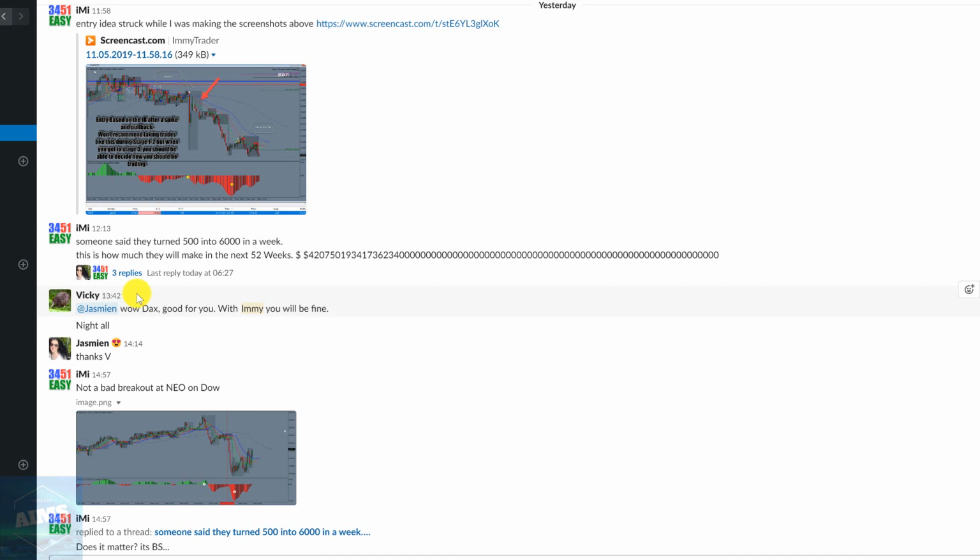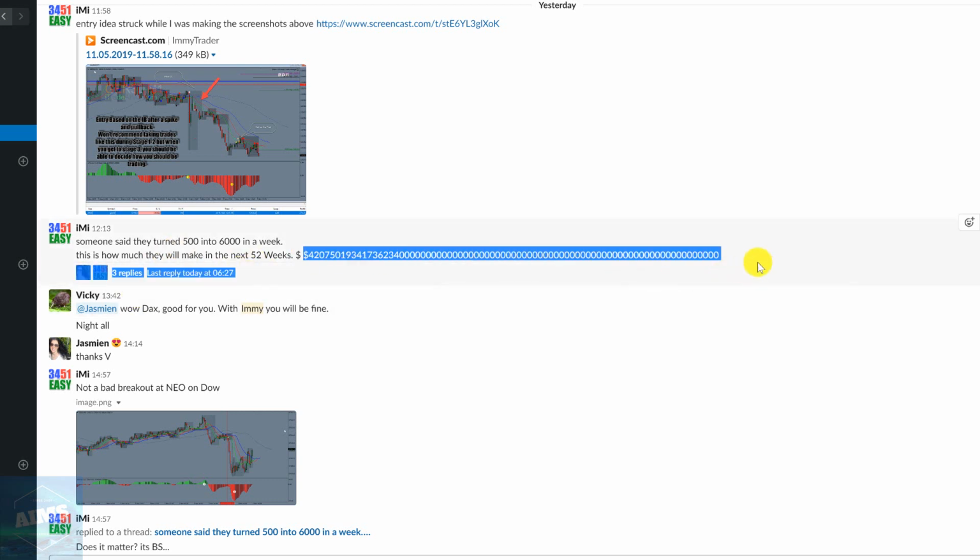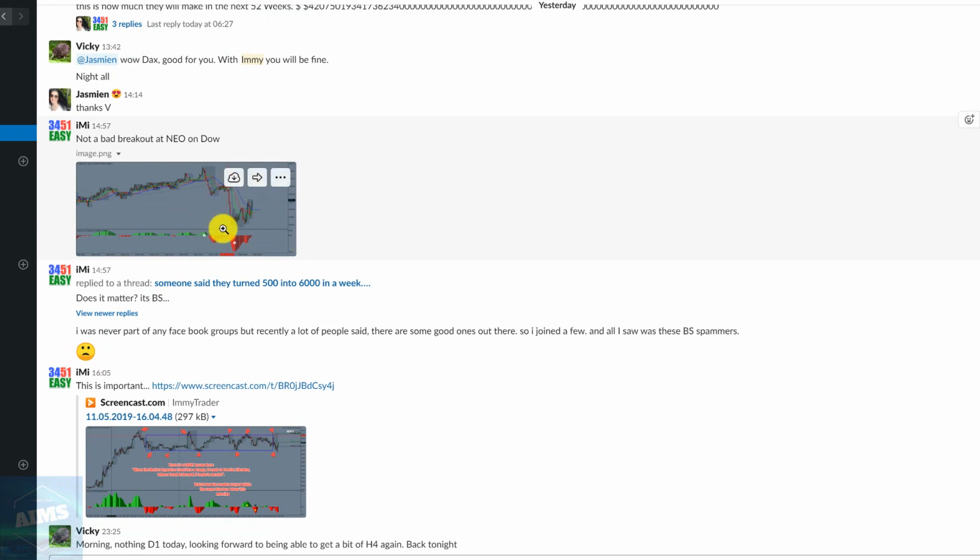So I calculated, and that's 1,200% profit. Why would you withdraw money? Forget that. If they kept going at it for the next 52 weeks, this is how much money you would make. That is far more, probably about 10 zeros more than the number of atoms on planet Earth. So this is something with 60 zeros. It's just nonsense. Anyway, so that's the next picture.